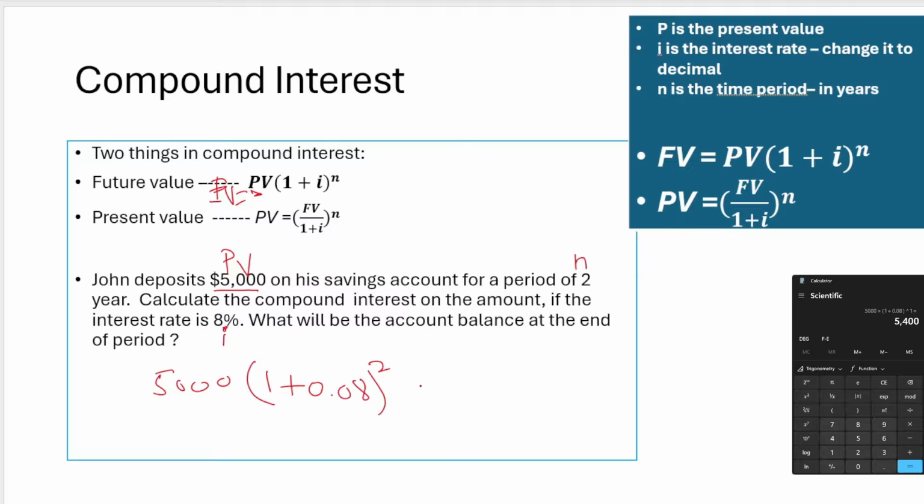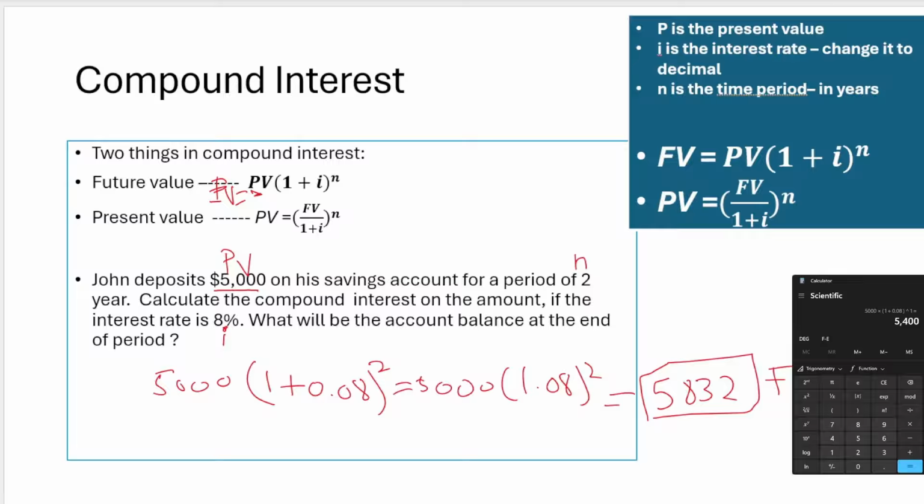This will give me 5,000 times 1.08 to the power of 2, which equals 5,832. This is how much I will get if I invest this amount for 2 years with this interest rate. This is the future value. This is the difference between compound interest and simple interest. In compound interest, not usually, but sometimes you do get more than you get in simple interest.